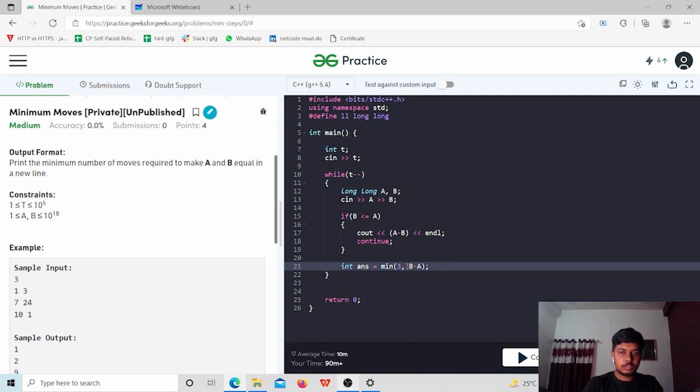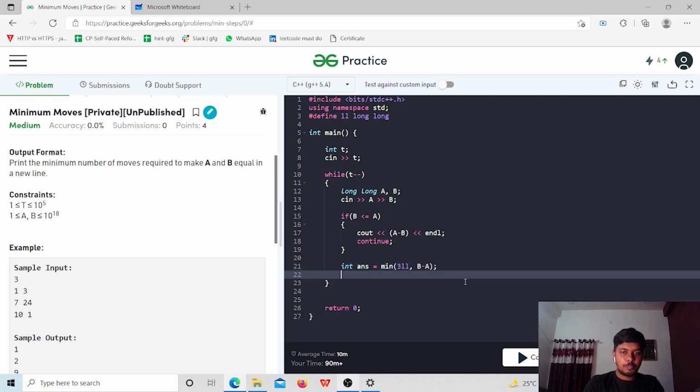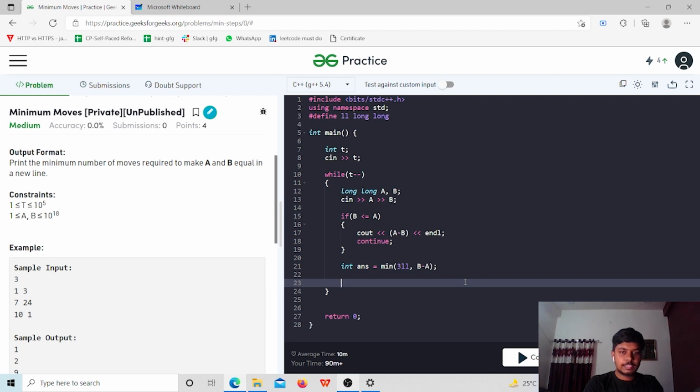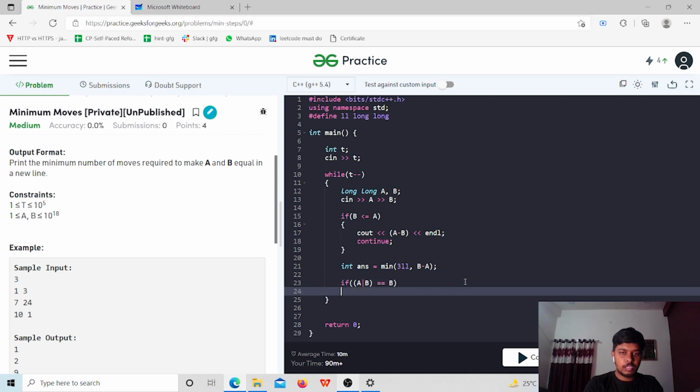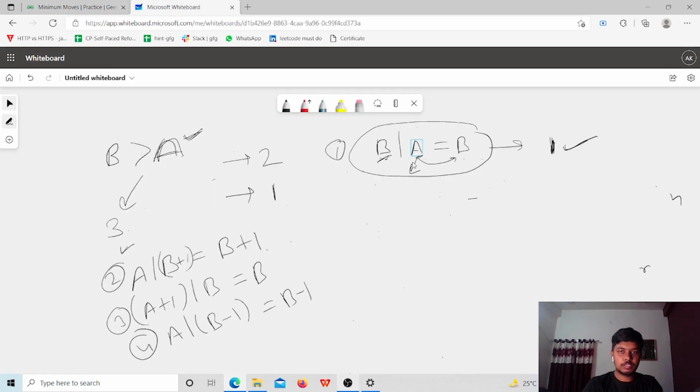And here, since b and a are long long, I also have to take 3 as long long, right? Now the next thing is we have to check if a OR b is equal to b, then the answer is equal to the minimum of answer comma 1. This is the first condition, right?